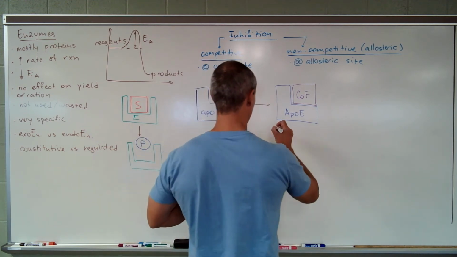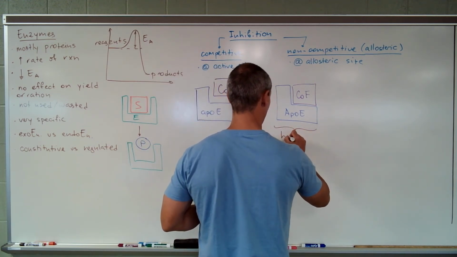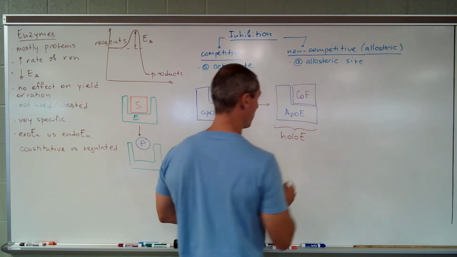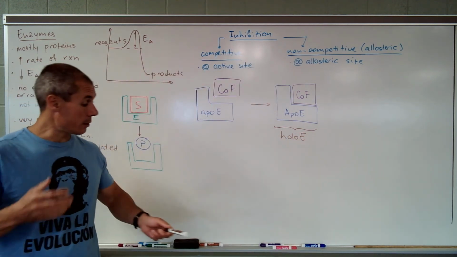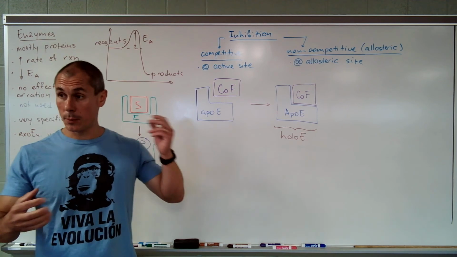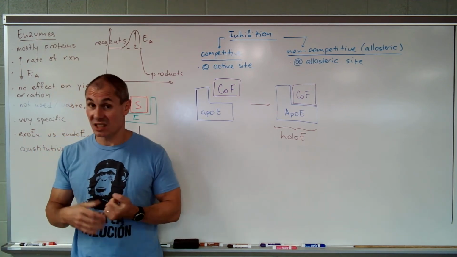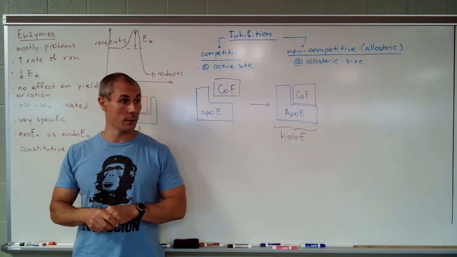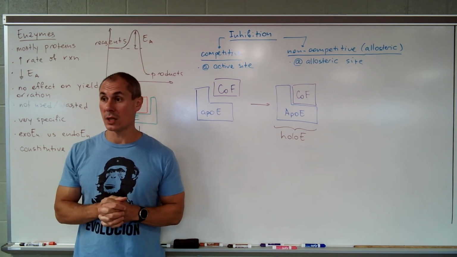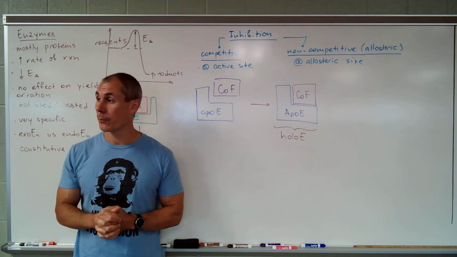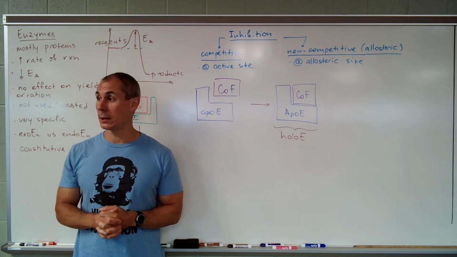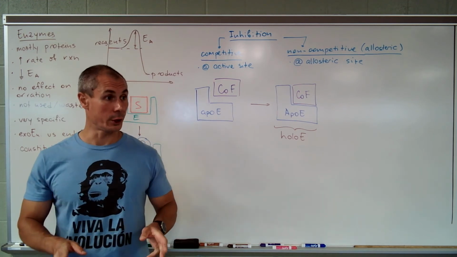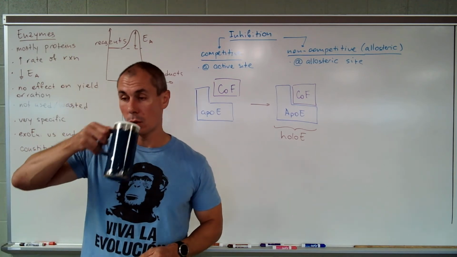This whole thing is called a holoenzyme. So in other words, apoenzyme remains dysfunctional until it binds a cofactor, and this whole system becomes a holoenzyme. Does it make sense? Good? Okay.